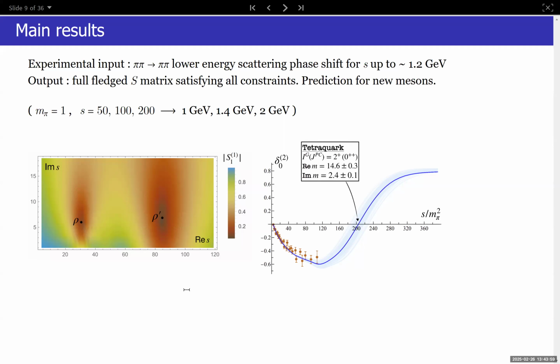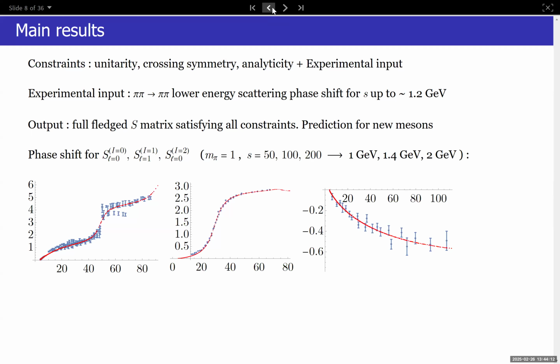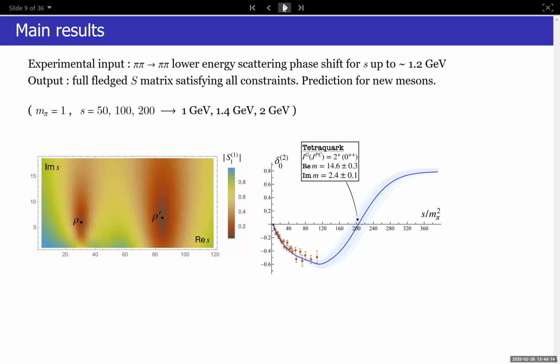Another interesting thing is if you look at the spin 0, isospin 2 channel. Before, I showed you this plot, those are the orange error bars in this plot. That's the experimental input we demand has to be satisfied by the S matrix.